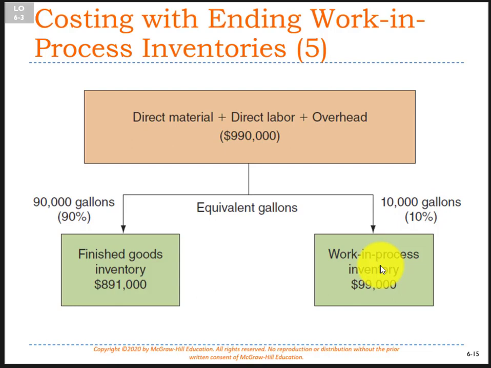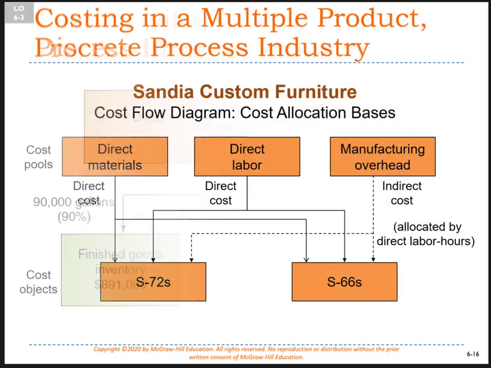So if you think of your T account, your work in process, you got a debit for 990,000, you credit it for 891,000. Your debit ending balance would be 99,000. Now, that was all we needed to do: allocate between finished goods and work in process.